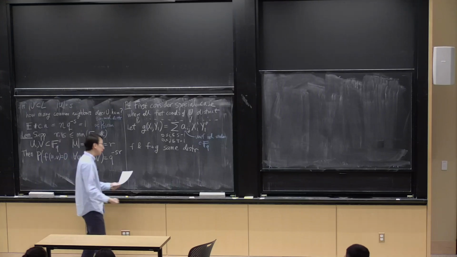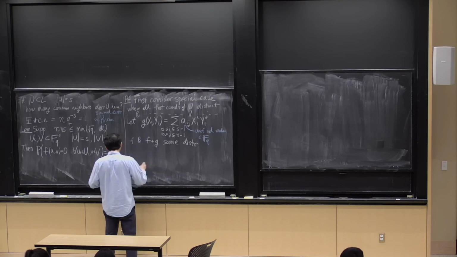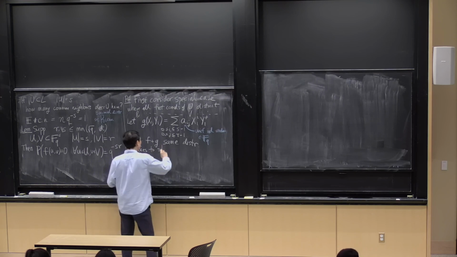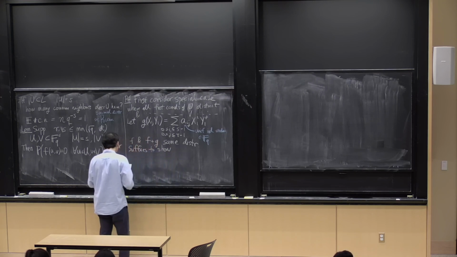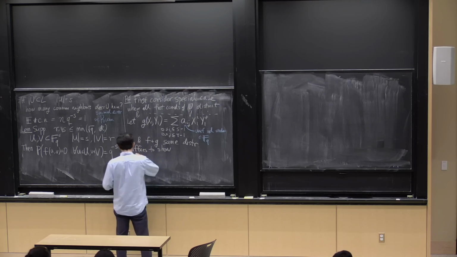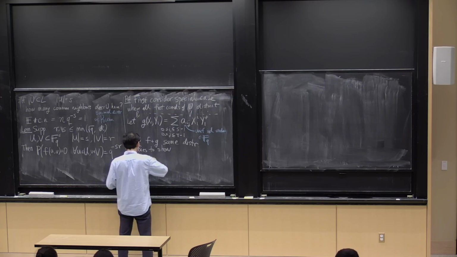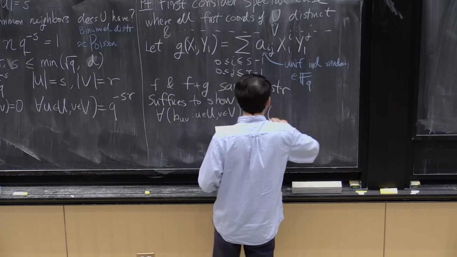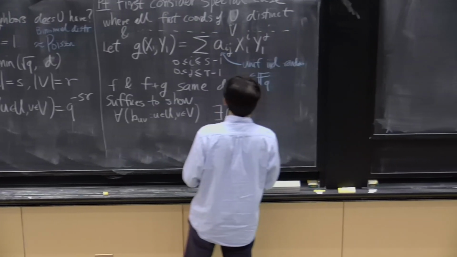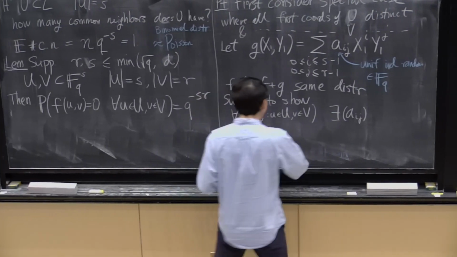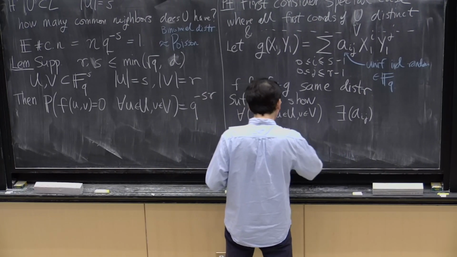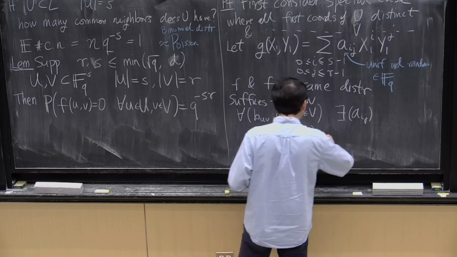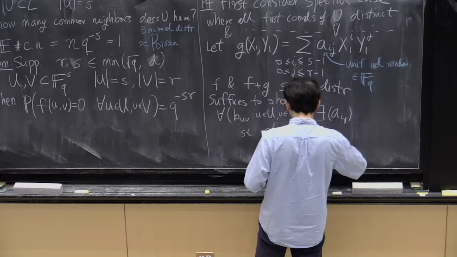So really, it's a counting problem. It suffices to show a bijection, namely that for every possible vector of values, there exists a choice of coefficients as above, such that G evaluates to the prescribed values with the given coefficients.